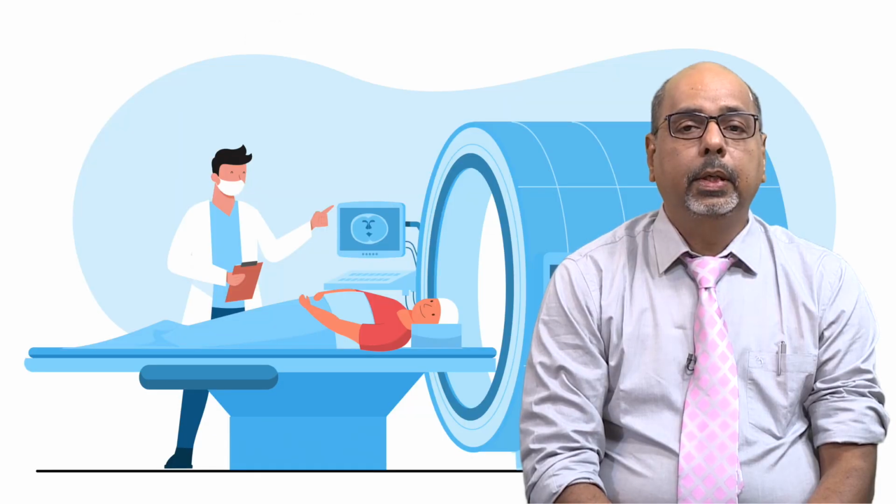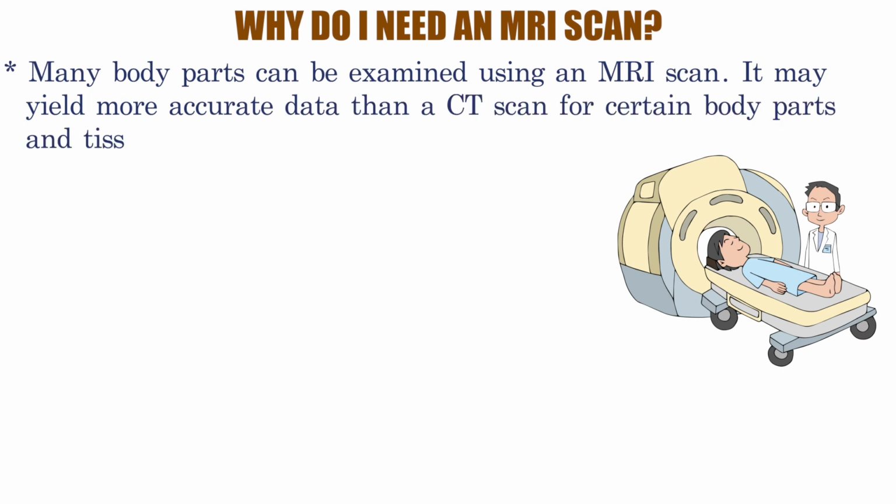Now I am going to explain why we need an MRI scan. Many body parts can be examined using an MRI scan. It may yield more accurate data than a CT scan for certain body parts and tissue types.